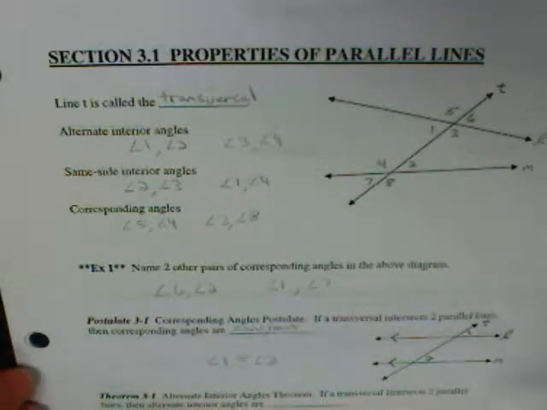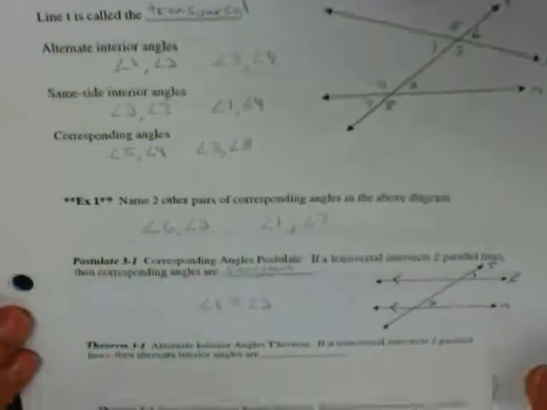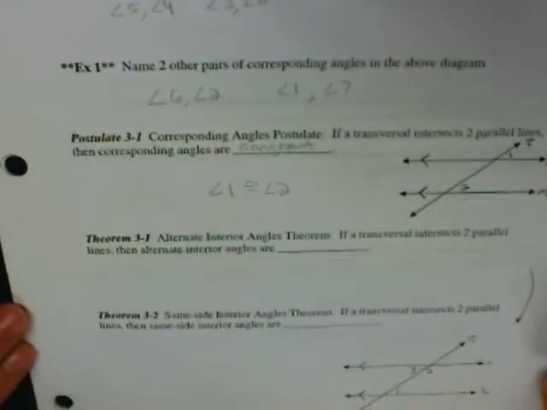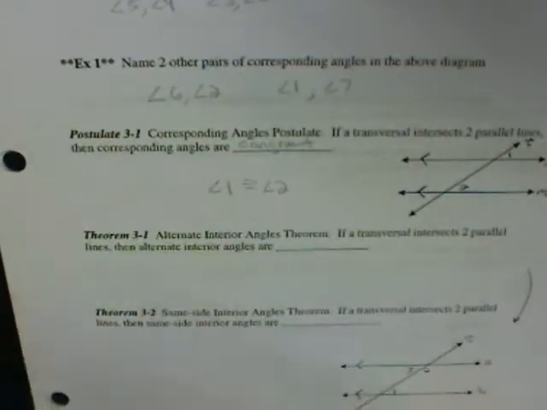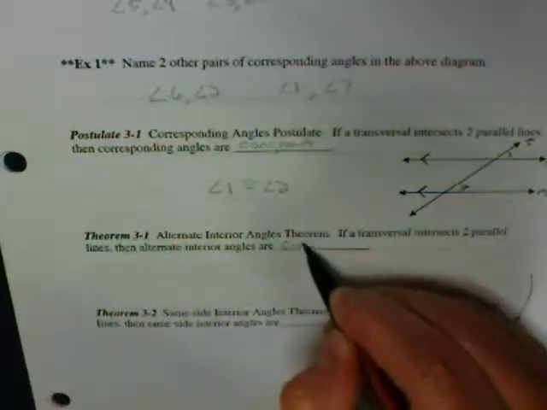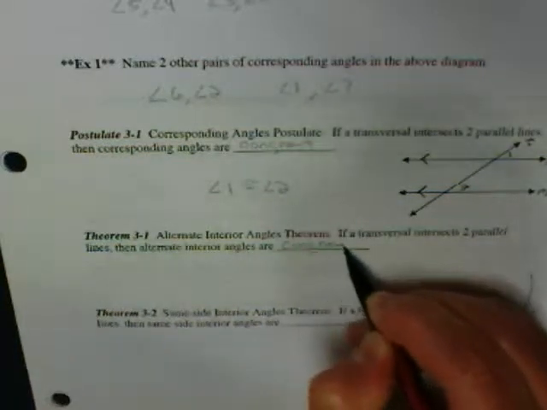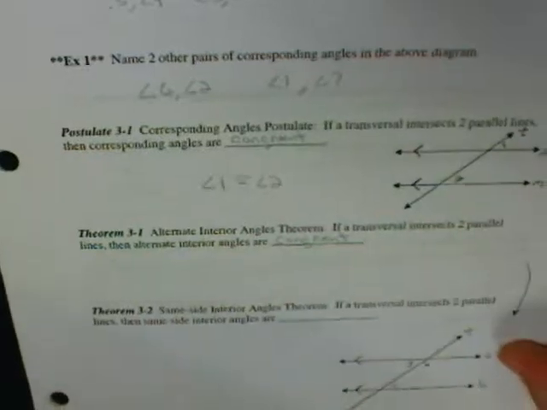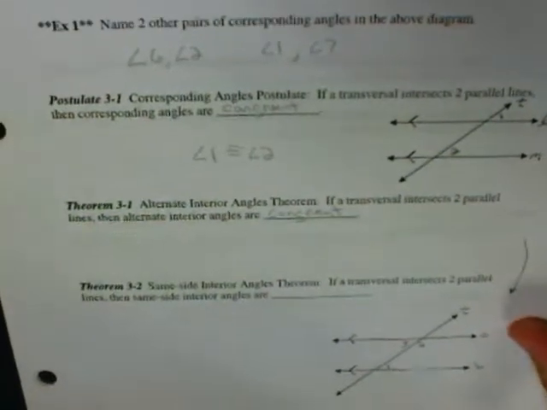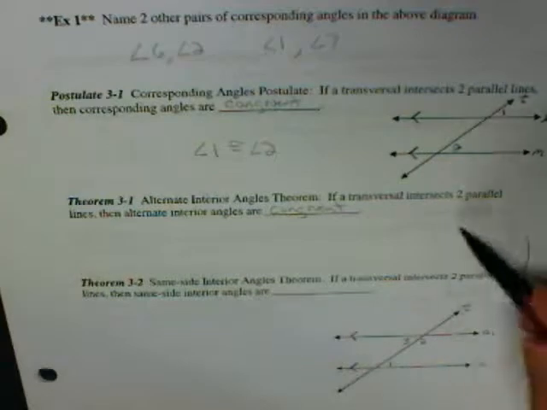A similar kind of idea here for alternate interior angles. It tells you if you have the same kind of idea, you have parallel lines being cut by a transversal, then alternate interior angles are also going to be congruent. And we're trying to save some space here, so we have this diagram that's being used for Theorem 3.1 and Theorem 3.2.